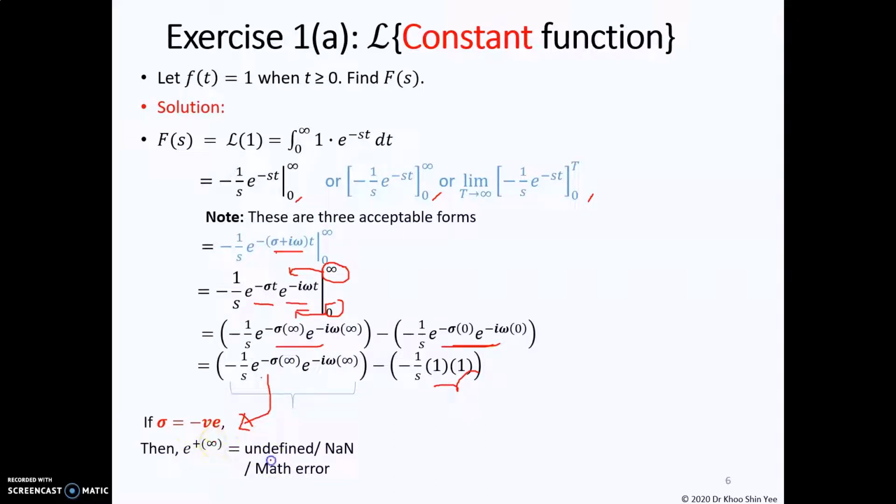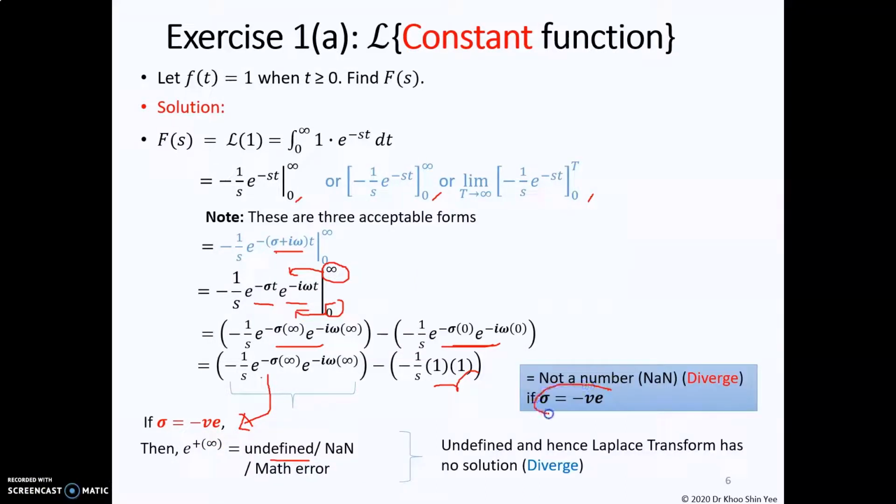So you will get an undefined result. It means if the sigma is negative, your F(s) will return not a number, or NaN. So it means that your Laplace transform has no solution in this case, which is diverge.